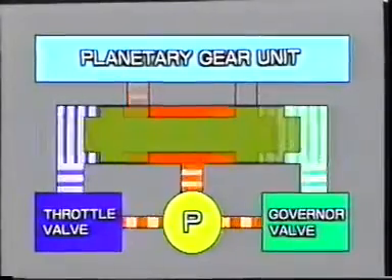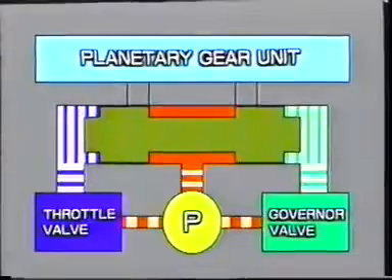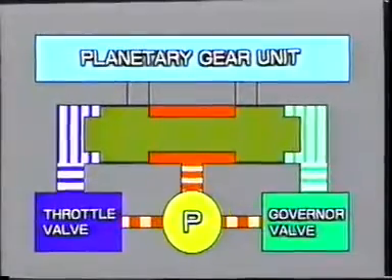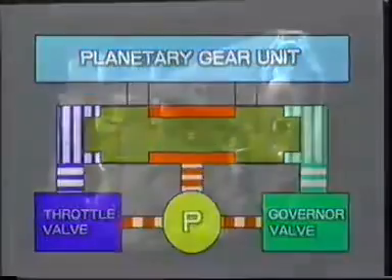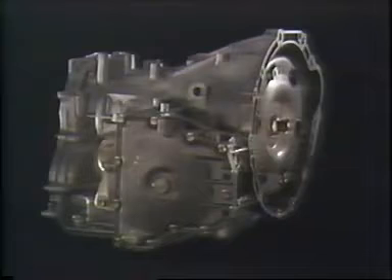This is the basic principle of how an automatic transmission automatically up and down shifts. Now, based on what we have learned so far, let's study the basic operation of a 3-speed automatic transmission.